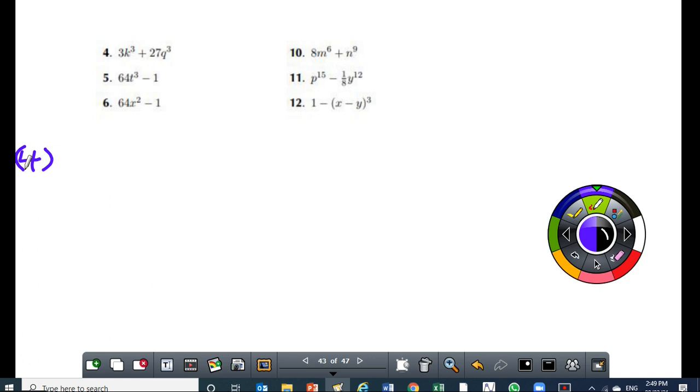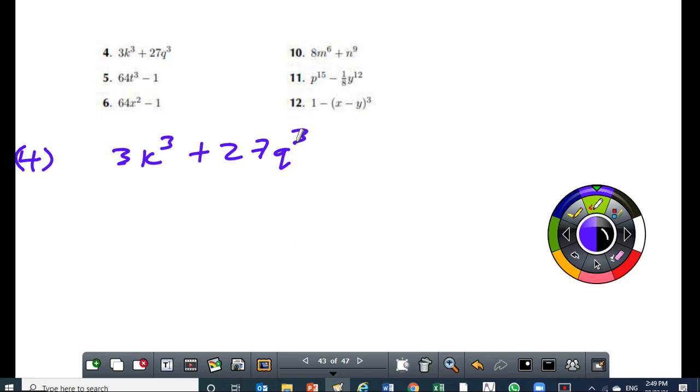Okay, right, so we have got 3k cubed plus 27q cubed. Right, this is a sum of 2 cubes. Now when you want to factorize this, always check if there is a common factor. The first term here is 3k cubed.